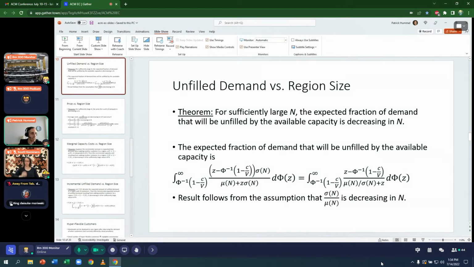And so that means that in these rare cases where demand exceeds capacity supplied, that on average, demand will exceed capacity by a smaller percentage in a large region than it does in a small region. And so for that reason, the expected fraction of demand that will be unfilled will be lower in large regions.